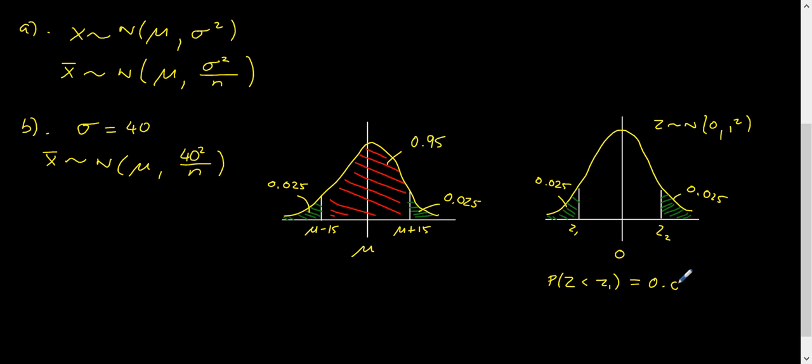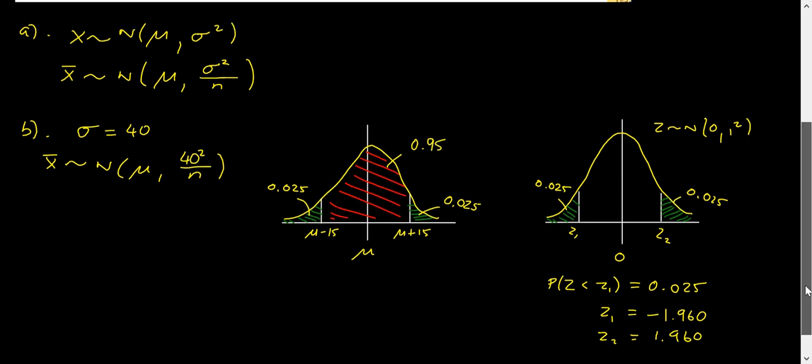Well, it's 0.025, and so we'll use our inverse normal to work backwards from that. So our area 0.025, our sigma 1, and our mu 0. We've got minus 1.960. And that means that Z2 is 1.960 because it's symmetrical about the mean.